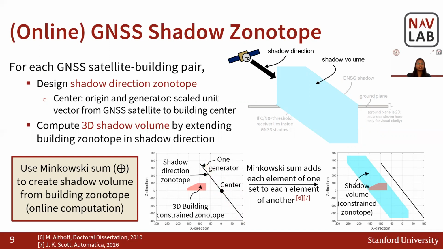Next, we compute the 3D shadow volume by extending the building zonotope in the shadow direction. More specifically, we use the property of Minkowski sum that adds each element in the building zonotope with each element in the shadow direction zonotope to compute the 3D shadow volume as a constraint zonotope, which is highlighted in cyan in this figure.